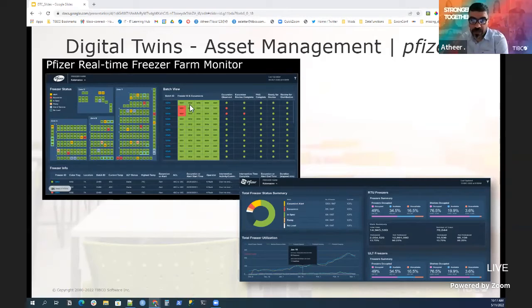The farm-level analysis also gives the capacity and utilization metrics, with percentages of freezers of each status, and gives indications if any anomalies are happening in one of the units, or if anything needs attention, along with a detailed log that can be tracked by all team members.